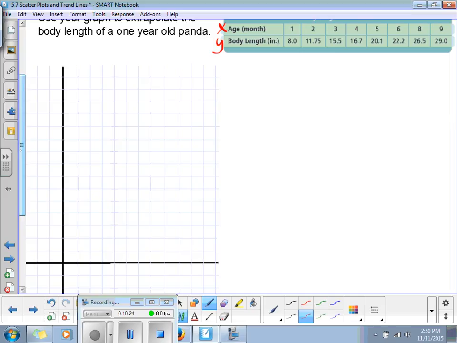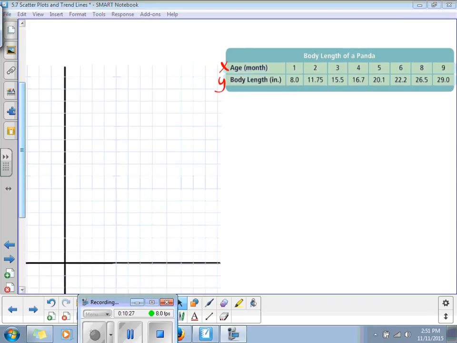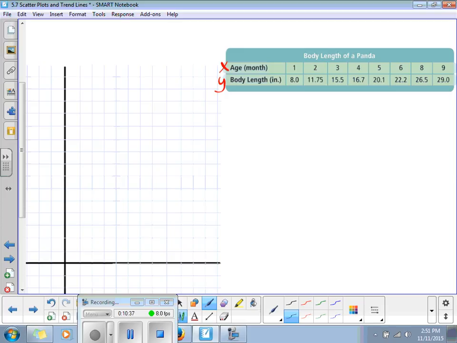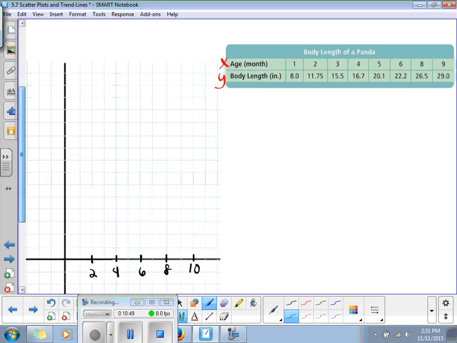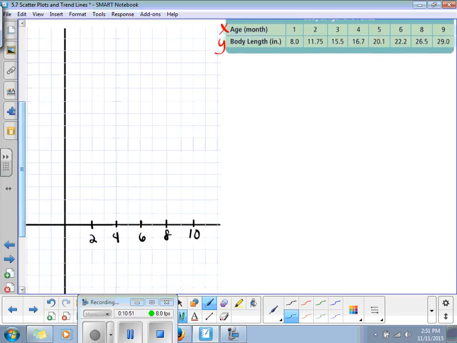I think I need to move this down a little. So for the age, we're going from 0 to 9. So 1, 2, 3, 4, 5, 6, 7, 8, 9. Good. 2, 4, 6, 8, 10. And that down there is the age in months.